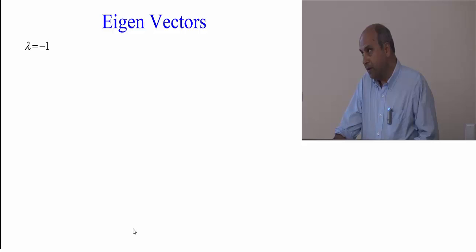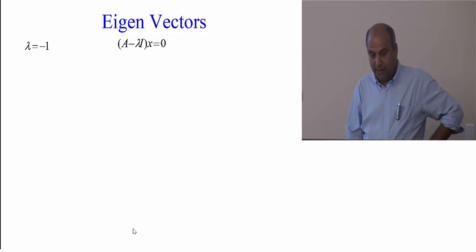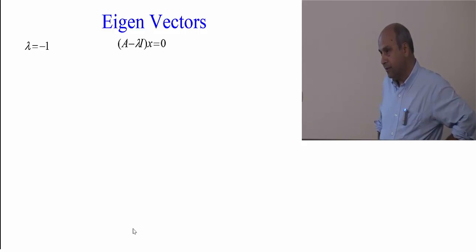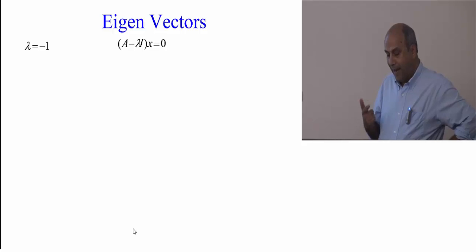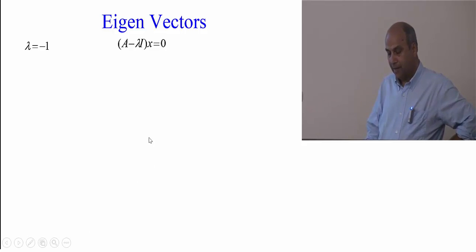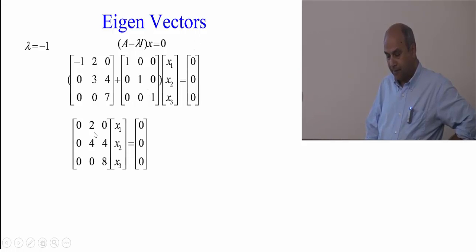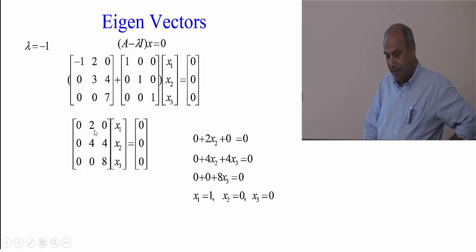Once given the eigenvalues, you can find eigenvectors. Let's find the eigenvector corresponding to the eigenvalue minus 1. We're going to use the definition of eigenvectors: Ax is equal to lambda x. So we can rewrite this as A minus lambda I times x, and we plug in the identity. This is x, this is 0, and simplifying, we get these equations.